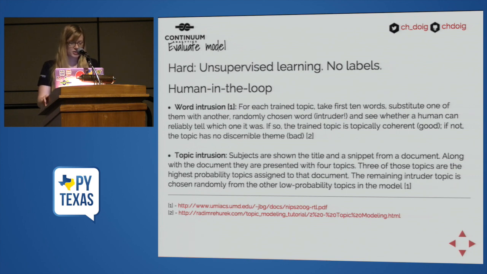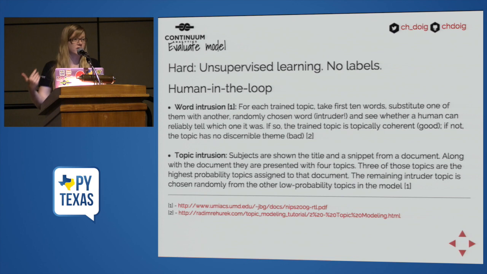There are, I would say, two different types of evaluation. One is called human in the loop, where you build an application or bring someone in to assess how good it is. The other is where you have some metrics that have been demonstrated to be able to assess how good your algorithm is.